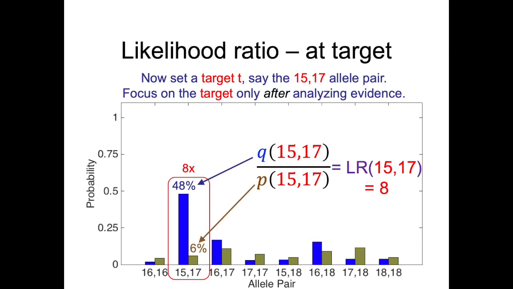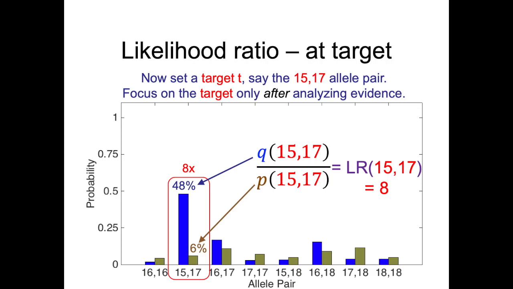Only after all that groundwork has been done do we calculate a likelihood ratio at the target. So we have our posterior genotype probability Q, our prior genotype probability P. Now we set a target, say the 15-17 allele pair. We focus only on the target, and this is done only after we finished analyzing the evidence.